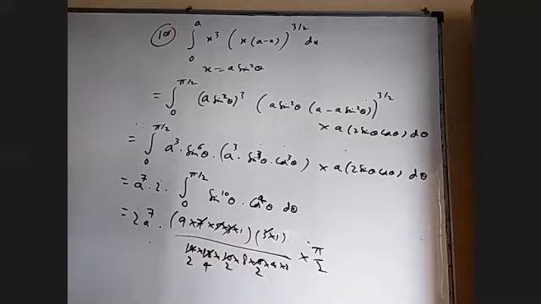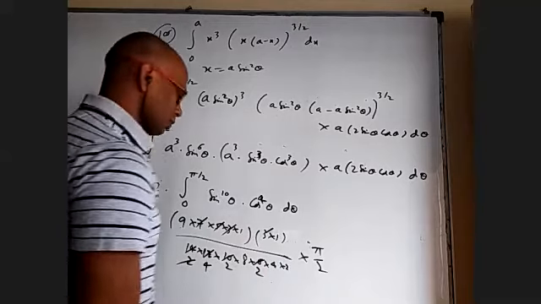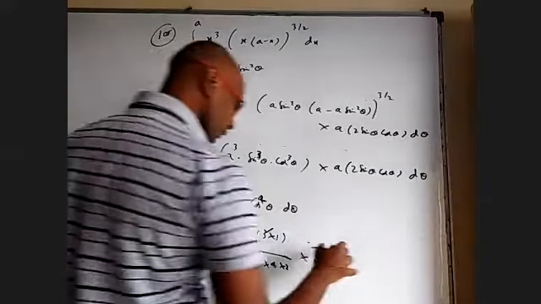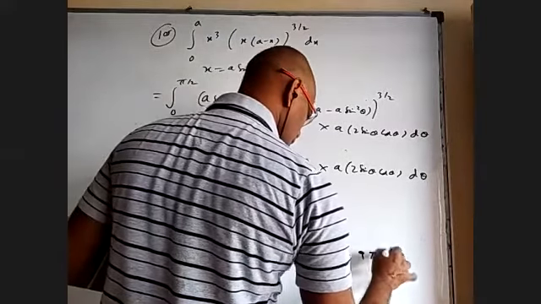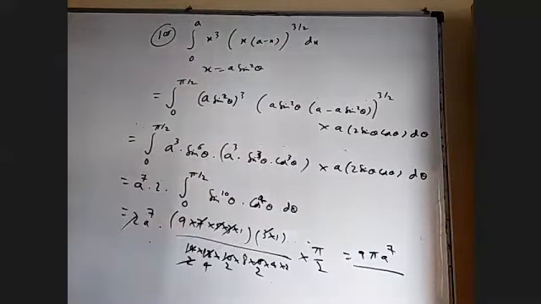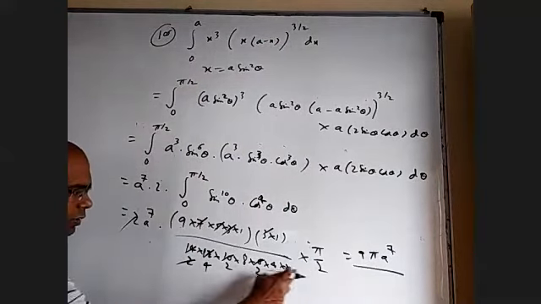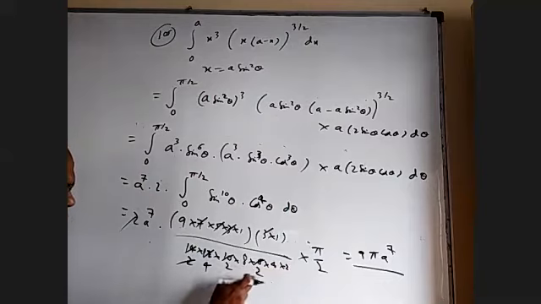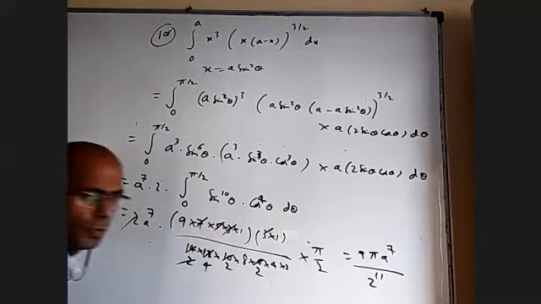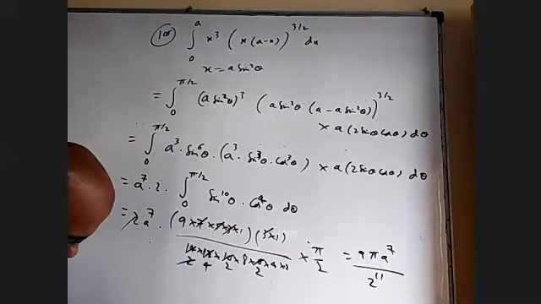So finally, 2 also will cancel one of them. So definitely 9 should be in the numerator. So 9 pi a power 7. The denominator is mostly 2, so it is easier. 1, 2, 3, 4, 5, 6, 7, 8, 9, 10, 11. It is 2 power 11. We all know 2 power 10 is 1024, so 2 power 11 is 2048.